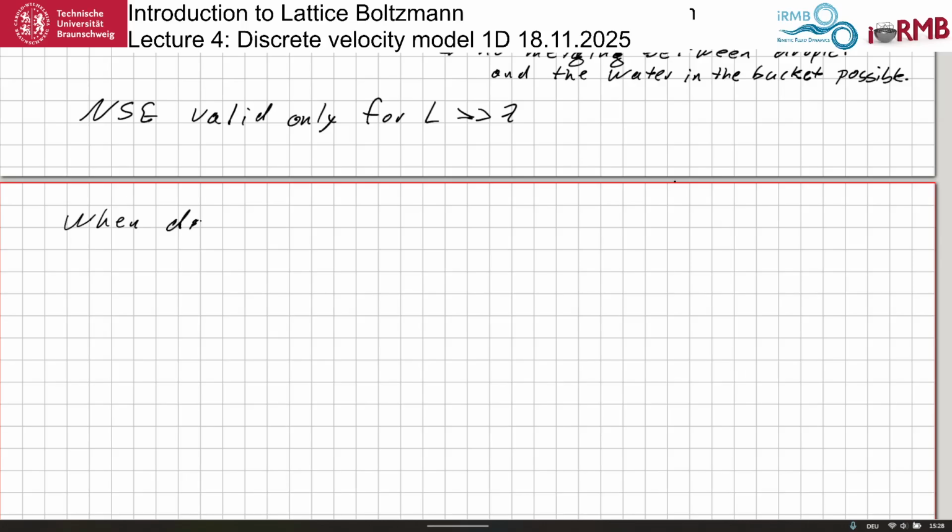When the droplets get closer to the surface, lambda finally gets larger than L, and then the Navier-Stokes equation is invalid.